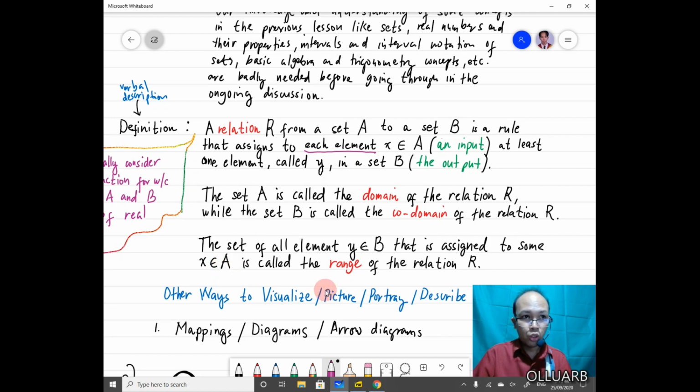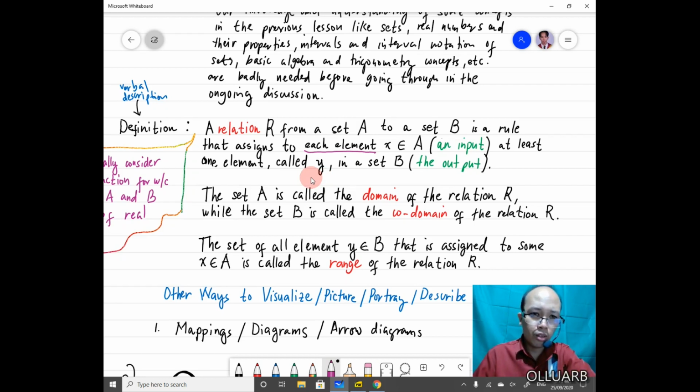Okay, so let's have an illustration for this. Actually, the verbal description of a relation is very hard to understand for some students, even me before.